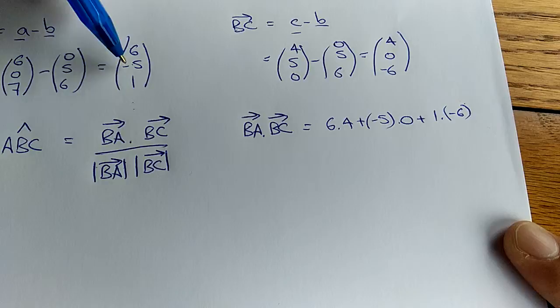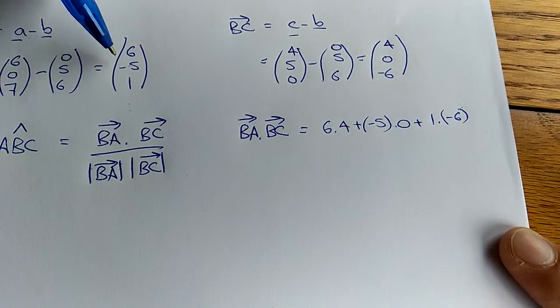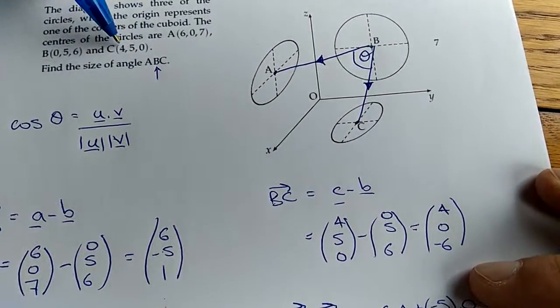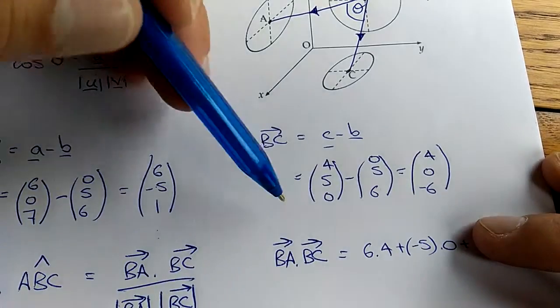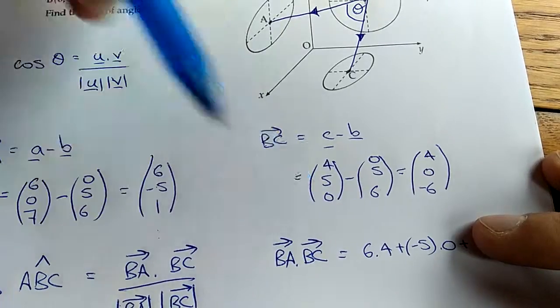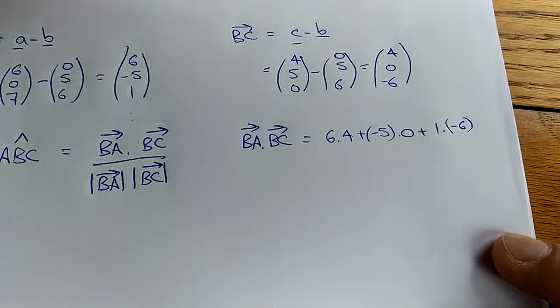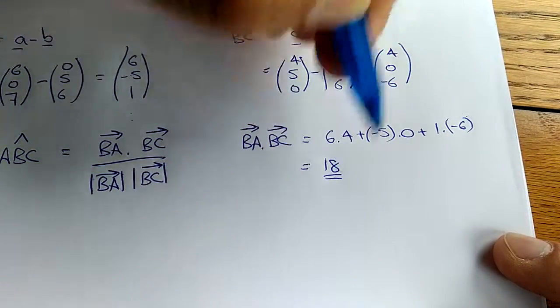Now, some people call them x, y, and z's. You can call them x, y, and z's if you want. Strictly speaking, we should keep x, y, and z reserved for coordinates. So for C, 4, 5, and 0 are the x, y, and z coordinates, but when we're talking about the vector C, 4, 5, and 0 are the i, j, and k components of the vector. So let's work this out. So that's going to be 24, take away 6, 18.